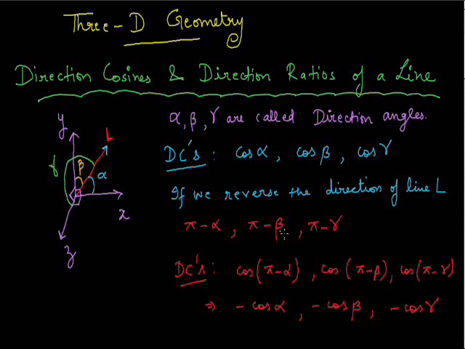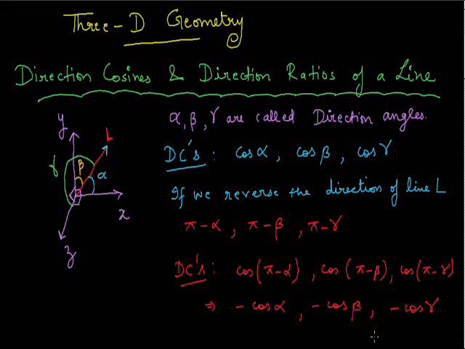Earlier, the direction cosines were cos alpha, cos beta, cos gamma. If we reverse the direction of line L, the direction cosines become negative of the earlier ones. So whenever we have a line in 3D space, the line can have two sets of direction cosines.